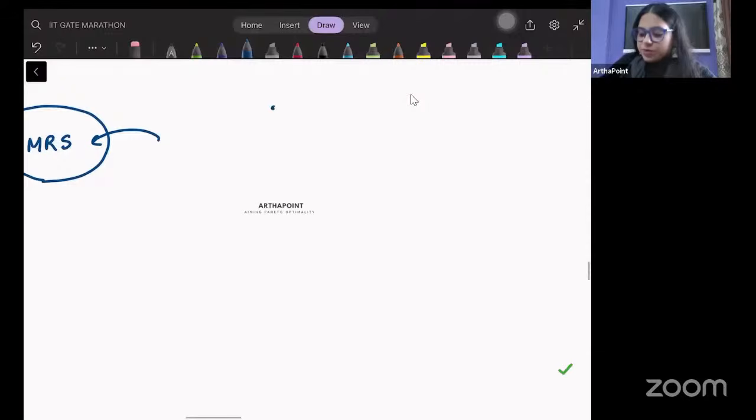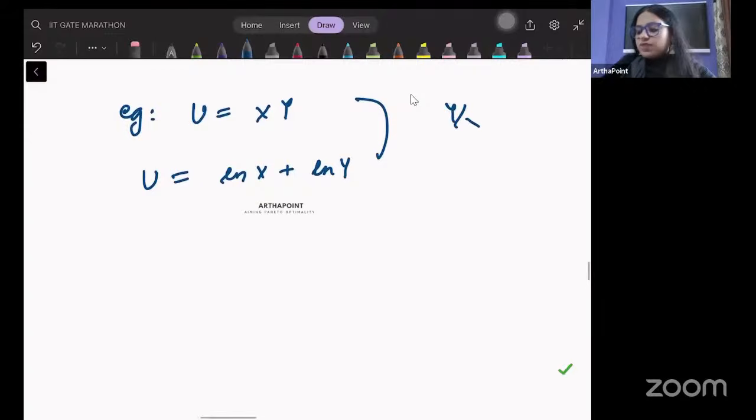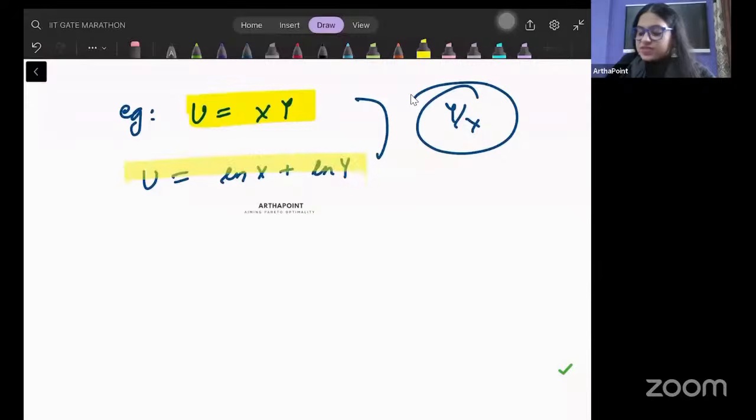Just for example, if you have your utility function xy, and your utility function ln x plus ln y, in दोनों में ही MRS will come down to be y by x. So if two utility functions have the same MRS, it means that one is a transformation of the other.